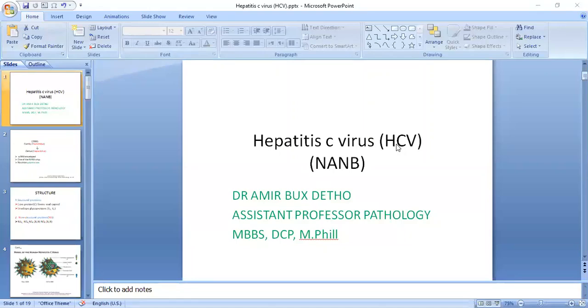These cases were infected with a virus which was neither A nor B. So this virus was named non-A, non-B. However, nowadays it is called hepatitis C virus.